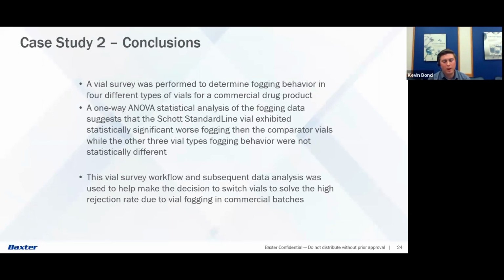And again, one could imagine that this type of experimental setup would be very useful in development programs when trying to select a vial for your drug product, especially if you know that your formulation has a risk for fogging, like if it's a biologic that contains a surfactant.